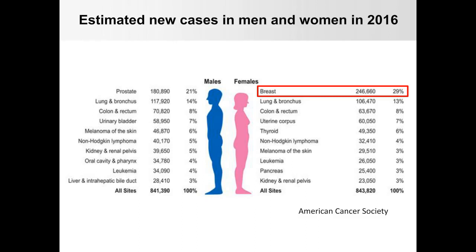So this suggests that although the mortality has dramatically reduced for this disease, the incidence is still very high. Therefore, we as basic scientists still have a lot of room to improve the treatment or the quality of life of breast cancer patients.